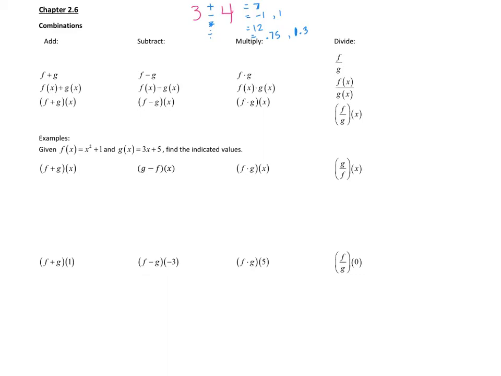But if I did 4 minus 3, I got a +1. Same thing with division. If I took 3 divided by 4, I got 3/4 or 0.75. But if I took 4 and divided by 3, then I got 4/3 or 1.3. So when we get to subtraction and division, I have to be real careful that I'm using the same order that they are using with their letters.